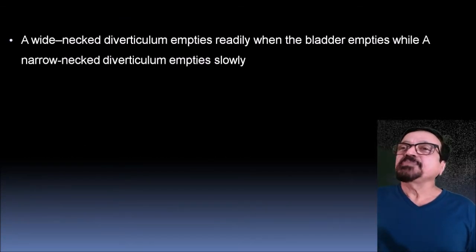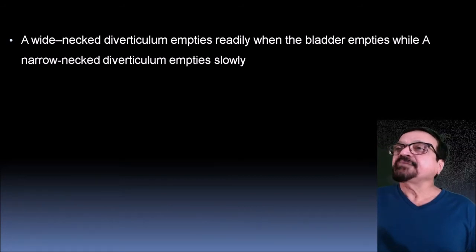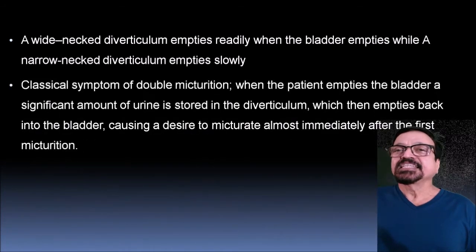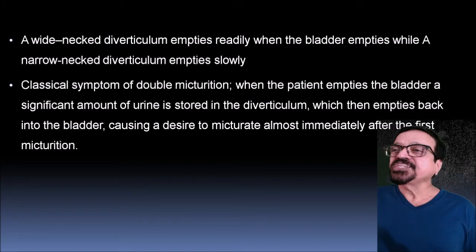A wide neck diverticulum empties rapidly when the bladder empties, while a narrow neck diverticulum empties slowly. The classical symptom is double micturition: when the patient empties the bladder, a significant amount of urine is stored in the diverticulum, which when it empties back into the bladder causes a desire to micturate almost immediately after the first micturition.